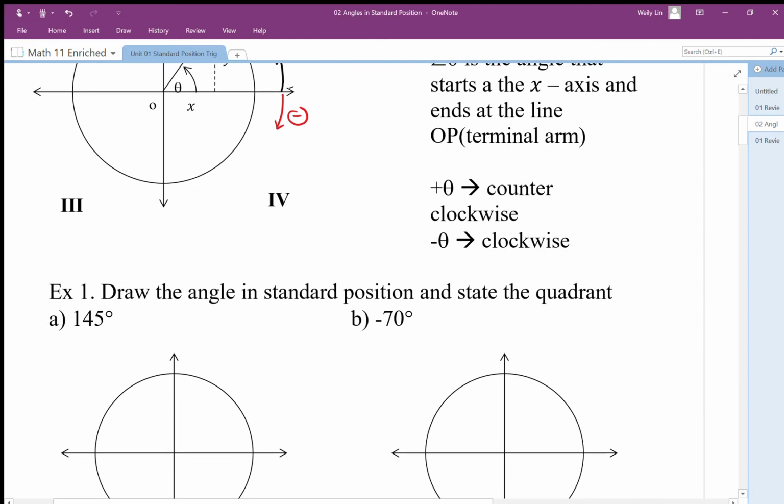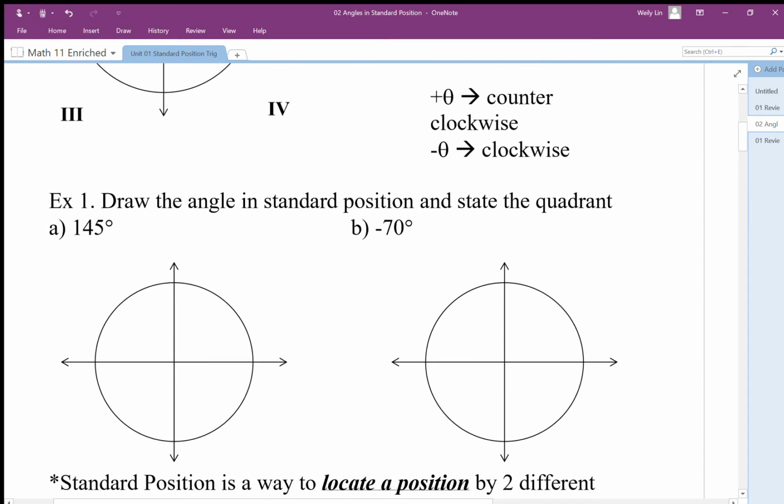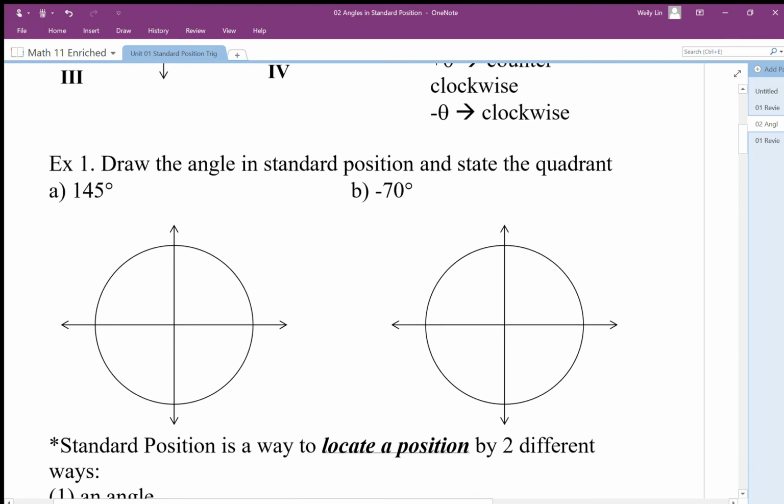So when we talk about positioning, the angle locates a position. When I say 145 degrees, that angle is locating a position in this grid space. So 145 degrees is somewhere around here. That point right there on the circle locates the position of positive 145 degrees.